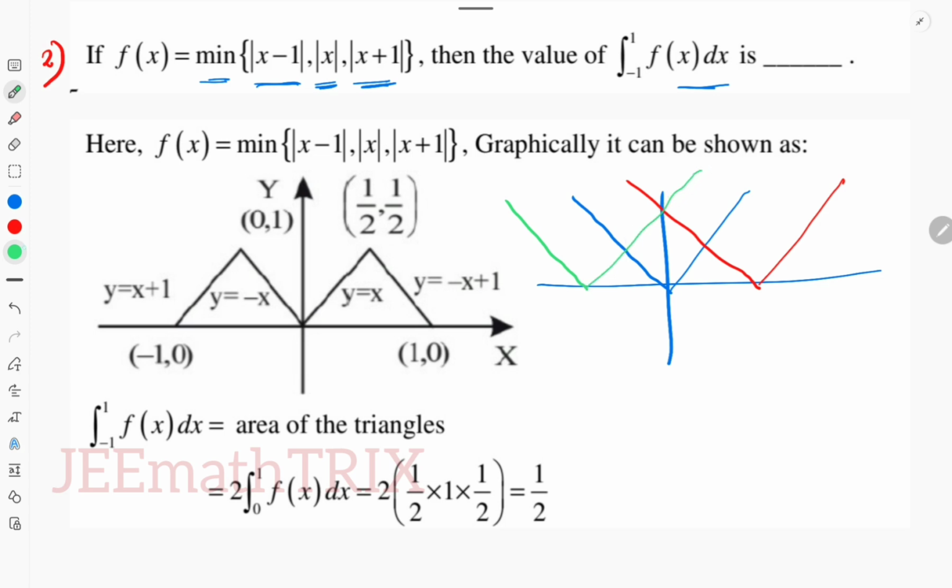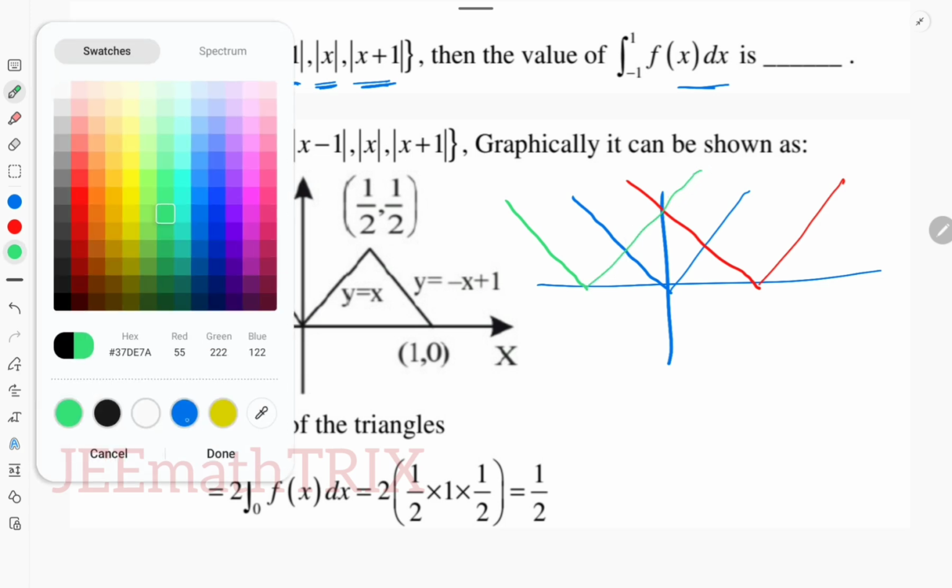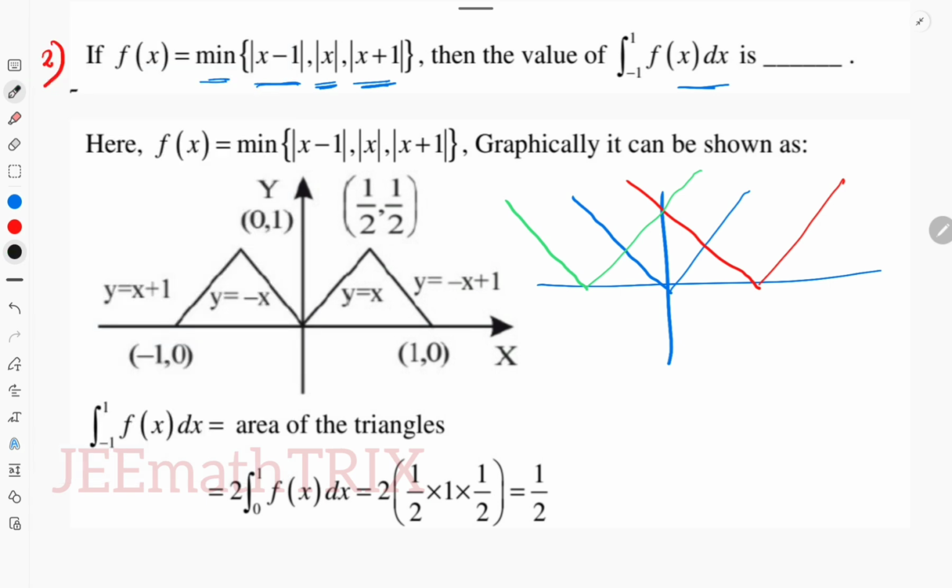If you look at these three graphs, finally we are talking about the minimum values of all these, and the limits for f of x are given as minus 1 to 1. So this is minus 1, this is 1, and this is 0. So between minus 1 and 1 only we are talking about minimum values. So which part of the graphs is being considered to be the minimum here? This part, here, and here. So only that part is the minimum value between minus 1 and 1.